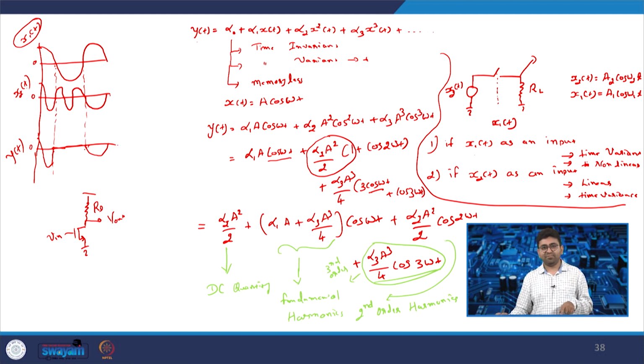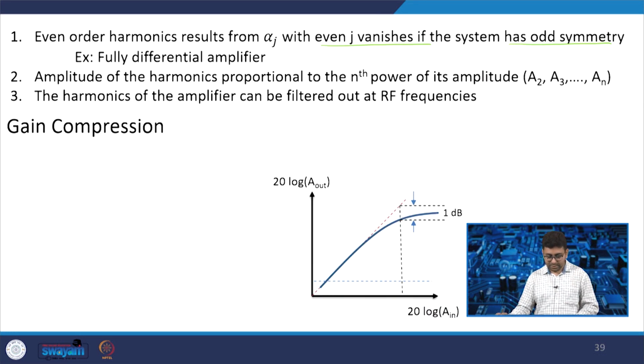If it is a differential amplifier, what will happen: if x(t) is equal to minus x(minus t), this is odd symmetry, and when we square this signal, the square of minus x will also be positive.